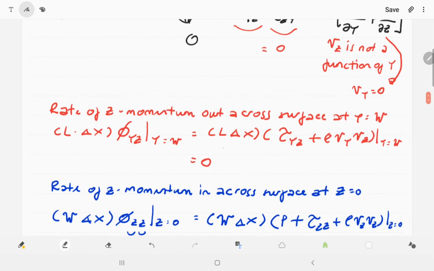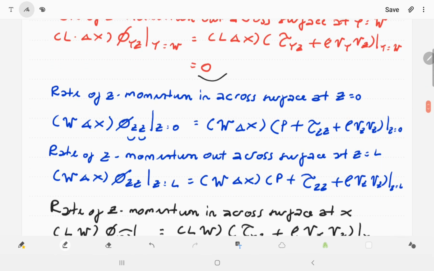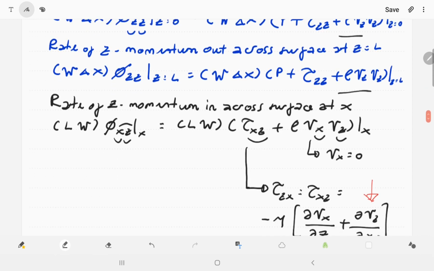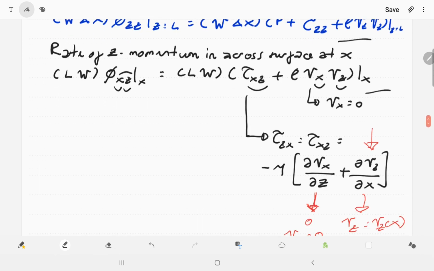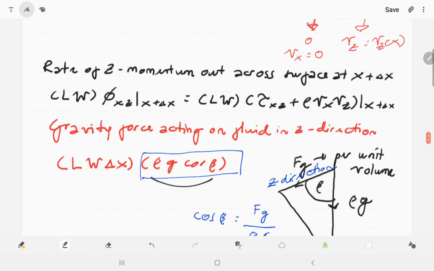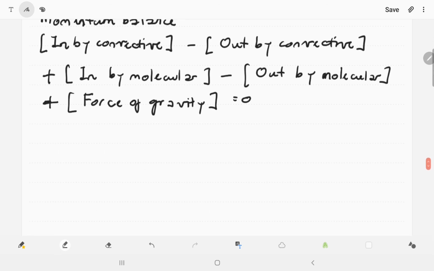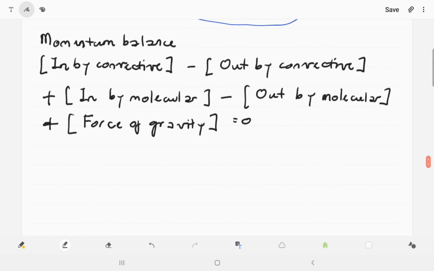Likewise, the momentum out across this surface will also be 0. But then we need to check this term, and this term as well, and also this term as well. So we need to substitute all these terms into our momentum balance.